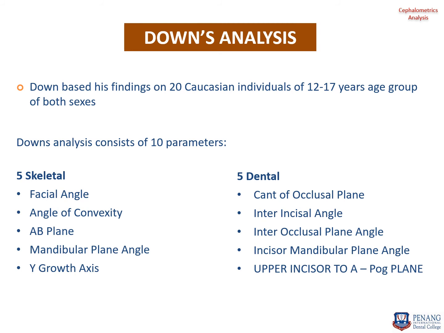The skeletal ones are facial angle, angle of convexity, AB plane, mandibular plane angle, and Y growth axis. On the other side, the 5 dental parameters are the cant of occlusal plane, interincisal angle, incisor occlusal plane angle, incisor mandibular plane angle, and upper incisor to A-pogonion plane.